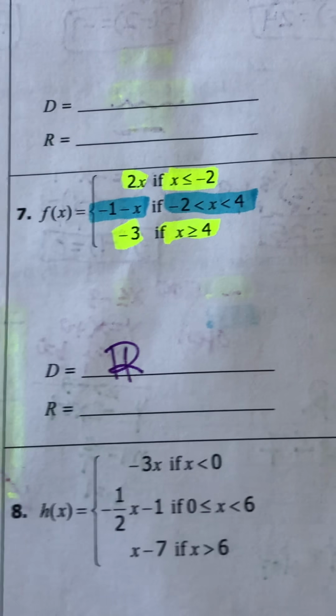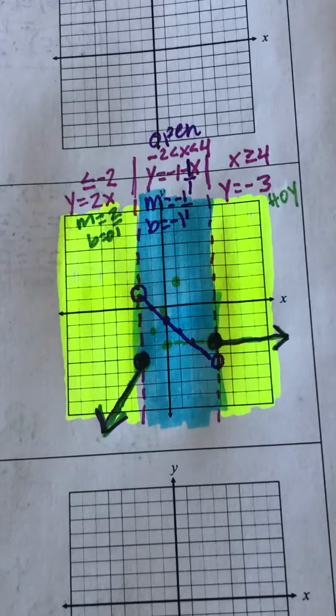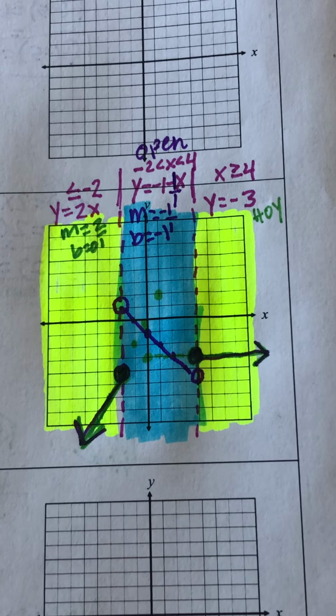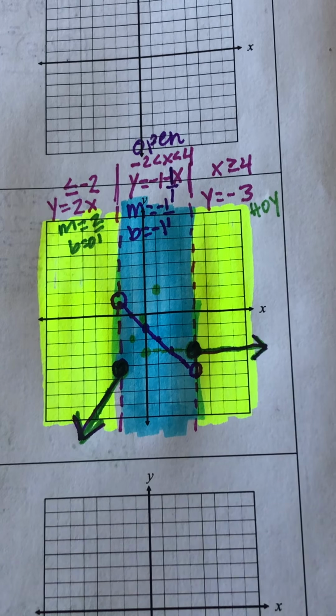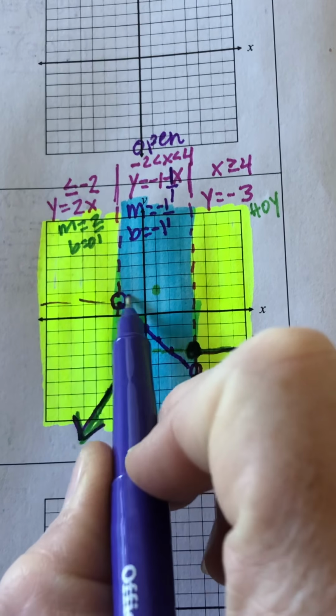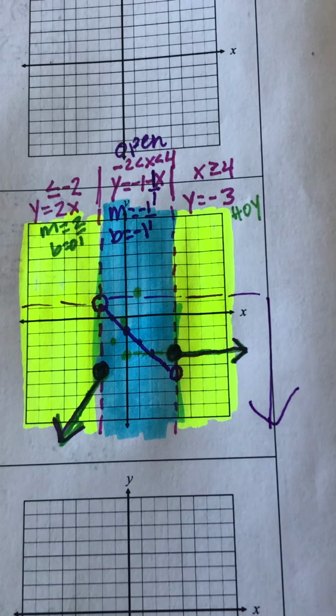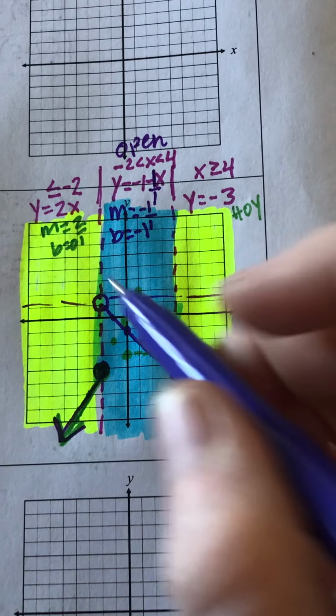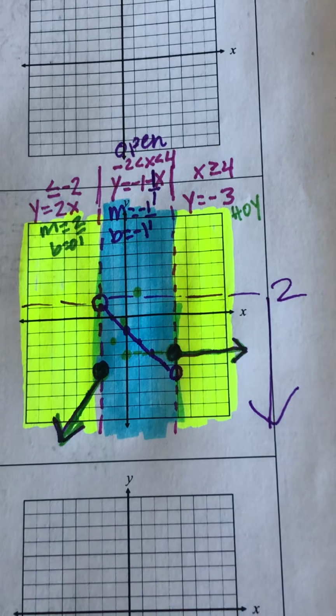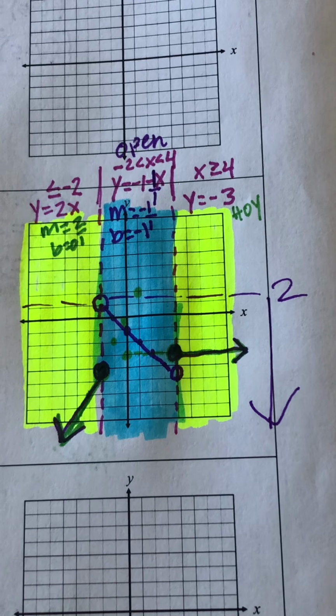Okay, now our range, is there a clear bottom or top point? And yeah, there is. Up here where the graph doesn't cross, that's a clear top point, right? And the graph goes below this y value. That y value is at 2, and this is an open circle, okay?